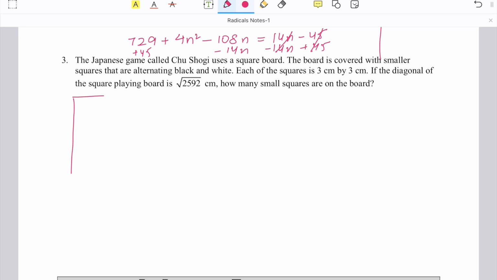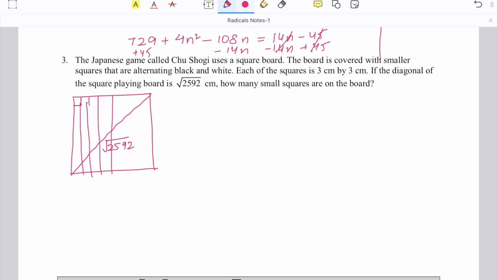If you look at that, they're just telling us that the diagonal over here is √2592. They've told us that these small squares are 3 by 3. It's a square, so this is 3 and this is 3 as well.